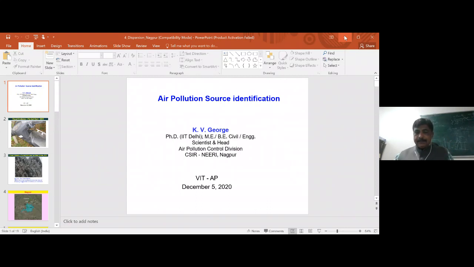Now let me show you another, what is called, the plume movement, how exactly the plume from the stack goes out. Let me upload it.